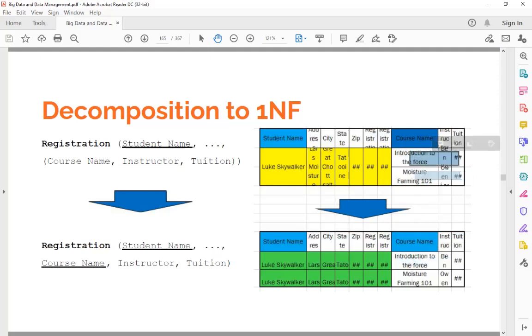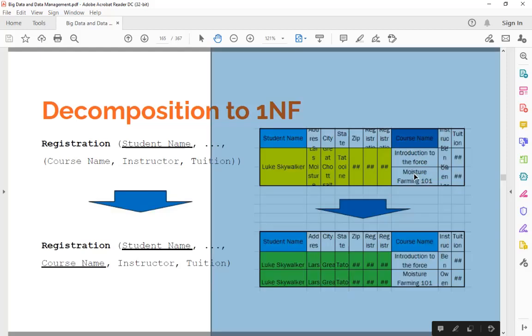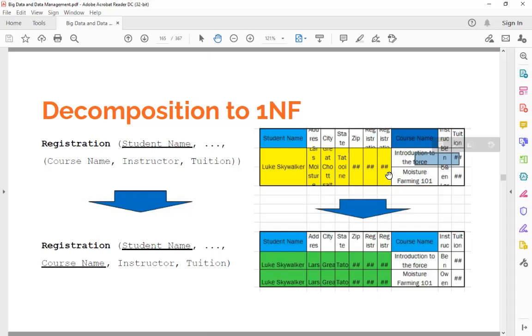So you are forming a new relation by creating one row for each element in the repeating group, plus whatever used to be in the original table.